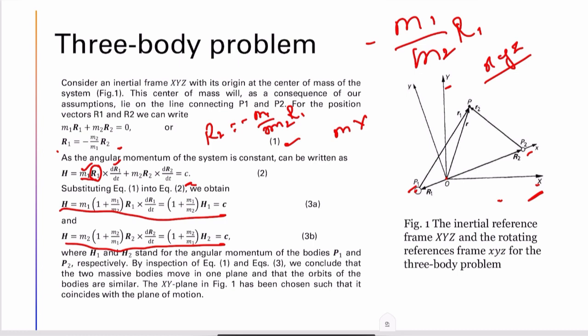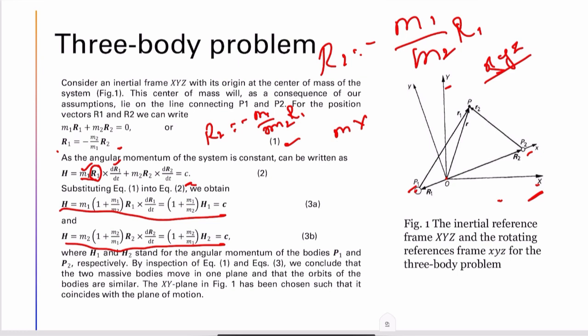So here I have taken this as my R. I am substituting it here. When I substitute it here, I get M1 into 1 plus M1 R1 into R1 cross dR1 by dt. When I substitute it and rearrange this expression, I will have 1 plus M1 here.